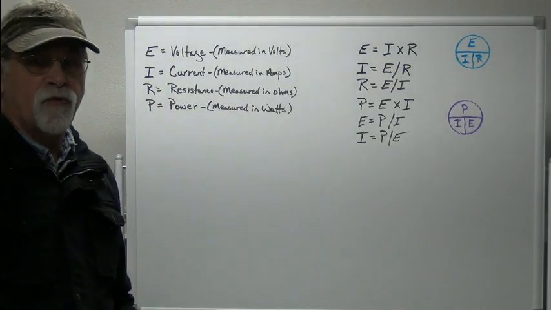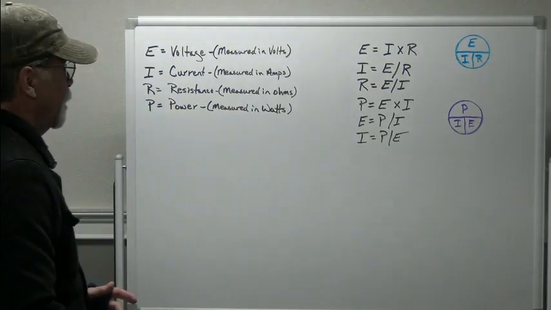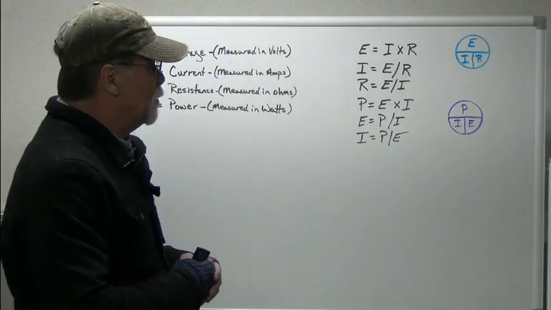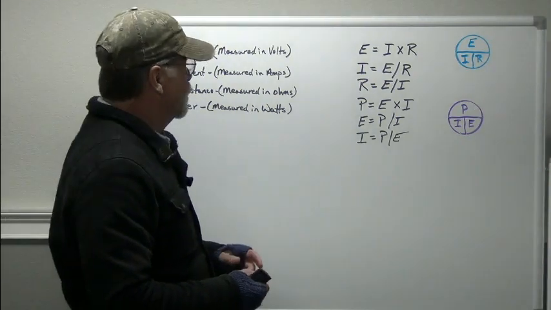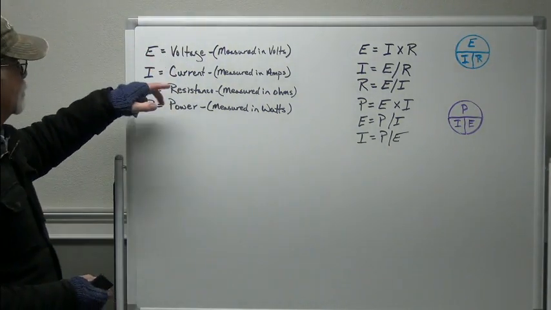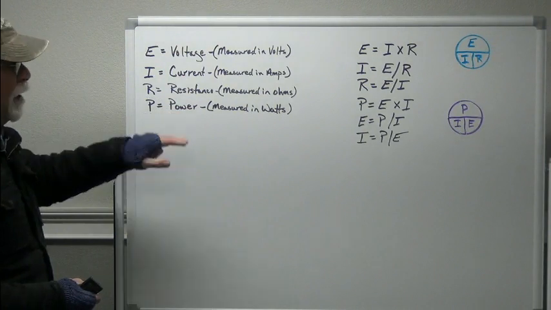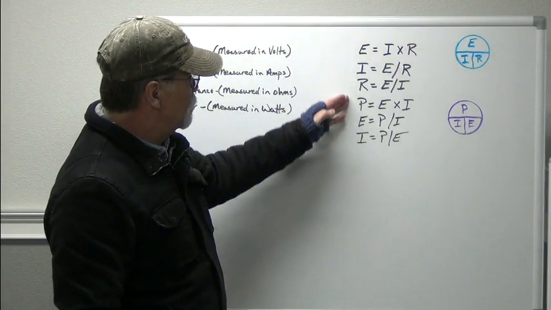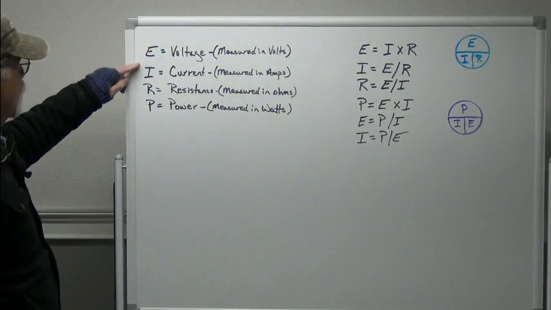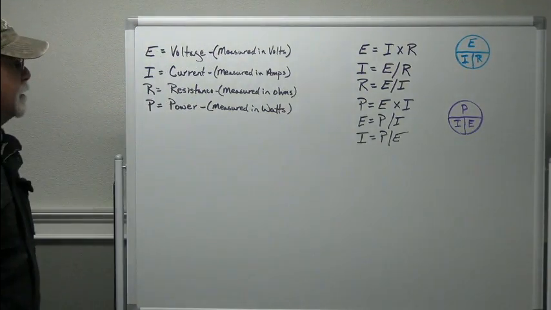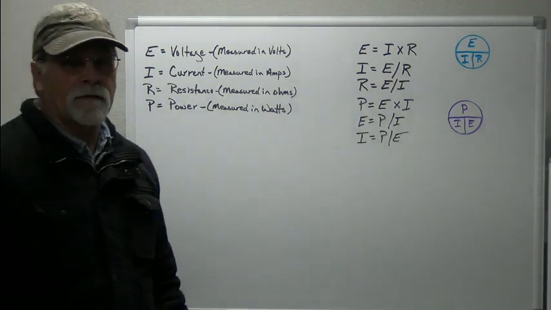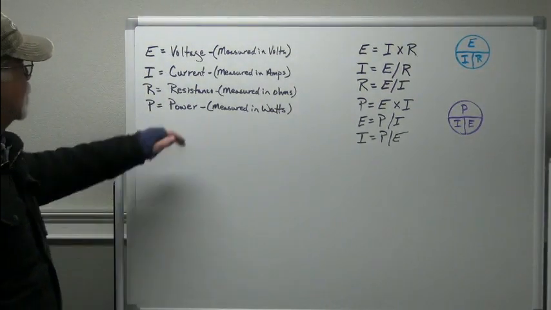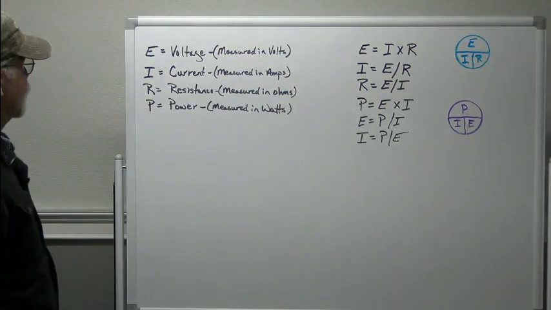Now we're going to look at some formulas that represent the relationship between those things we just talked about: voltage, current, resistance, and power. These are our equations. E is for voltage, short for electromotive force, measured in volts.